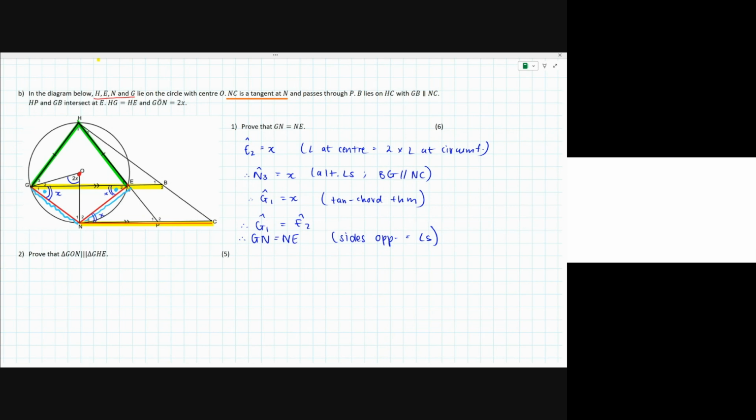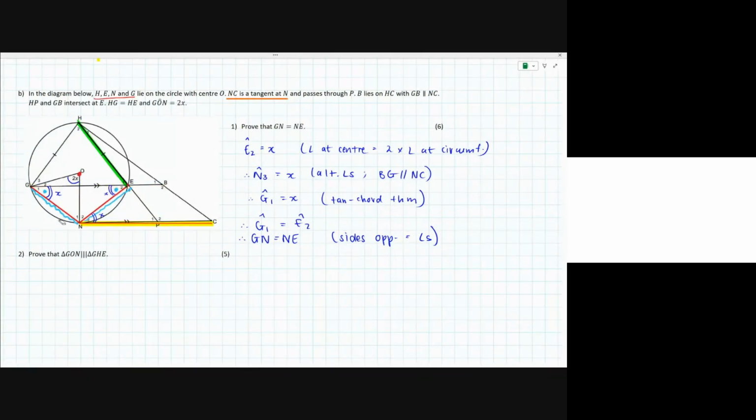Okay, very nicely done. The next question says, prove that GON is similar to GHE. So we're proving similar triangles. This was not a particularly nice question, if I remember correctly. I think maybe it is worth us taking off some of these scribbles.